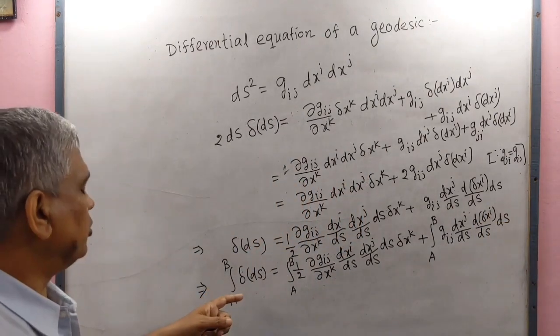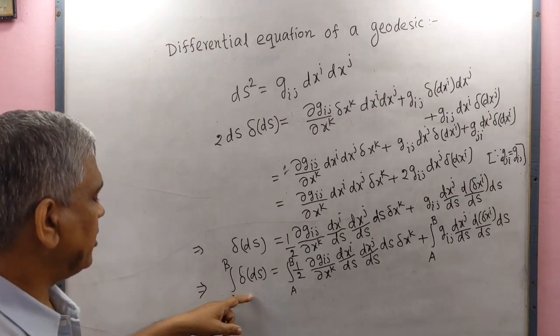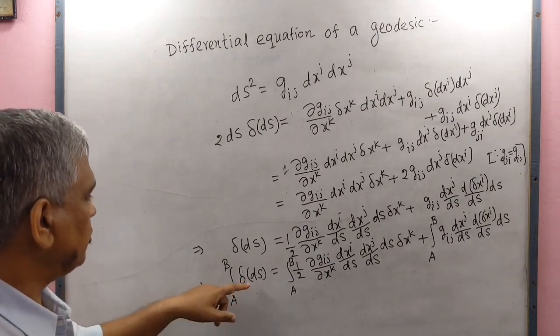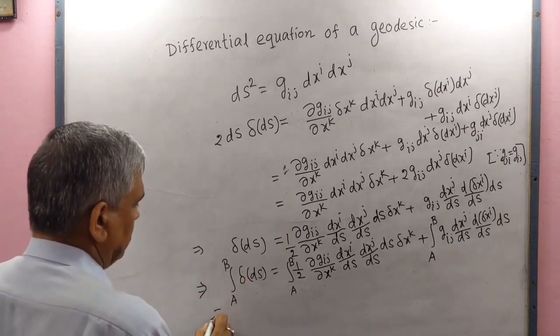As we know that for the case of geodesic, this is 0, this is 0.